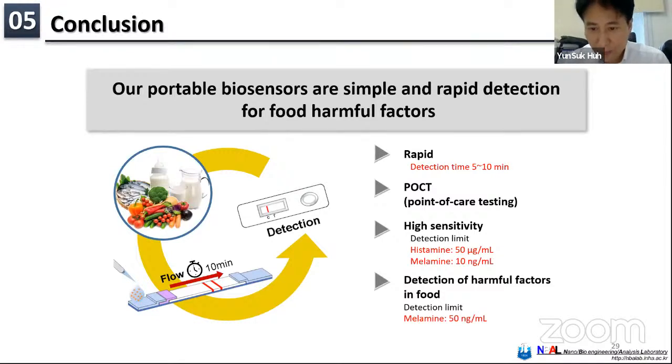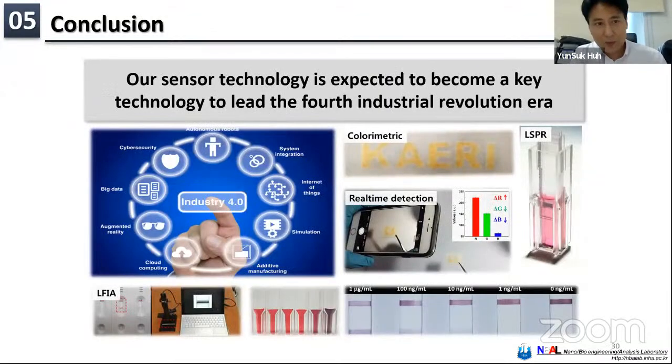For the melamine sample, we can guarantee the signal at the 50 ppb level. So we can imagine that in the near future we can combine with cell phones and electronics, so we can realize portable point of care, portable sensing techniques to monitor and verify something in your body or the food.